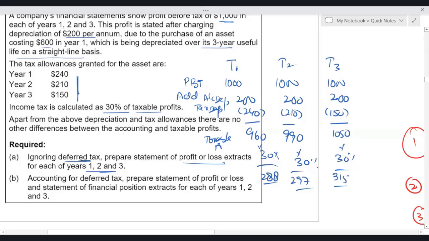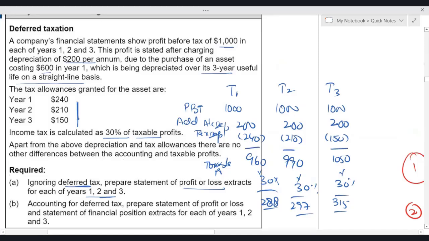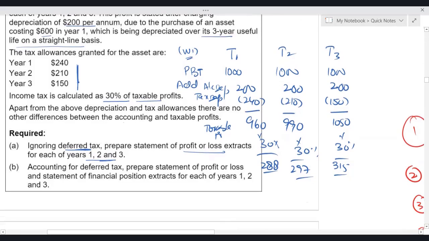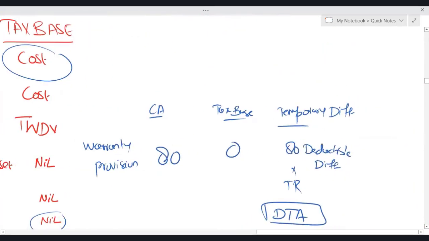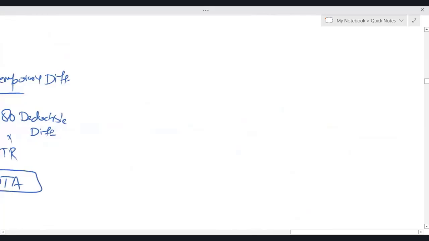Ignore deferred tax, prepare a statement of profit and loss extract. So let's take this as a working. In extracts, let me make it here. Test your understanding one.